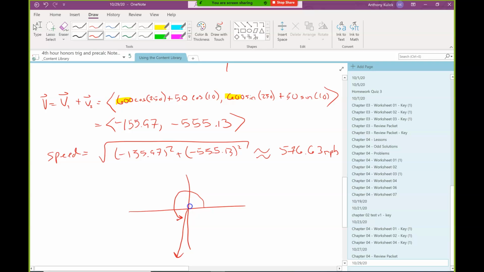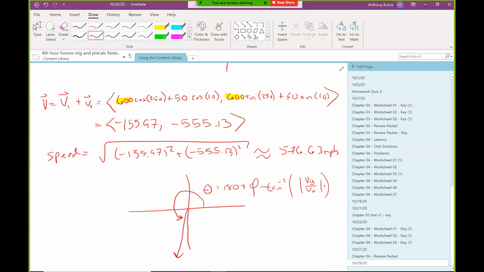So if I do my angle of rotation, my angle theta is going to be 180 plus that theta, which is always going to be tan inverse of the absolute value of Vy over Vx. So in our case, Vy is the negative 555 and the Vx is the negative 155.